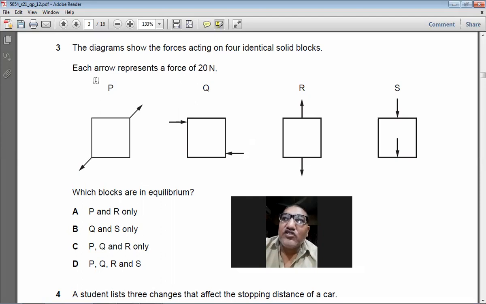This is not in equilibrium. So P and R are in equilibrium. I think A is the right choice for question number 3.